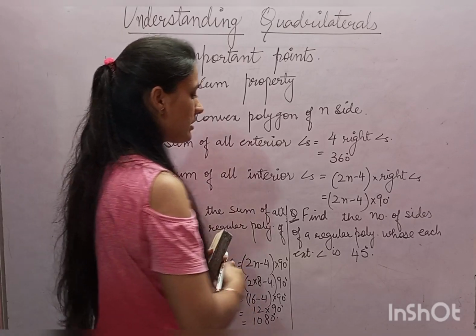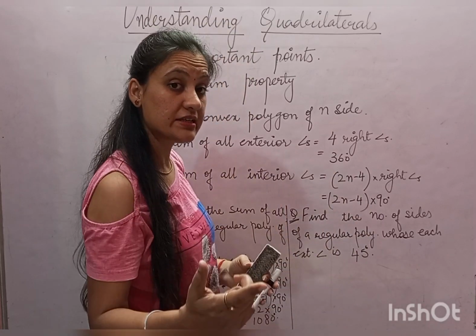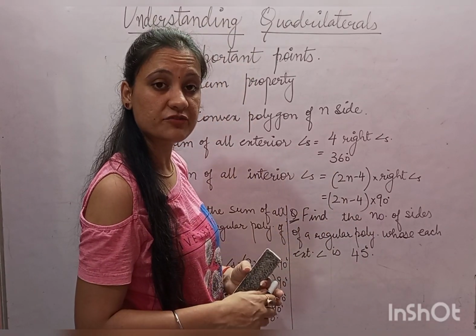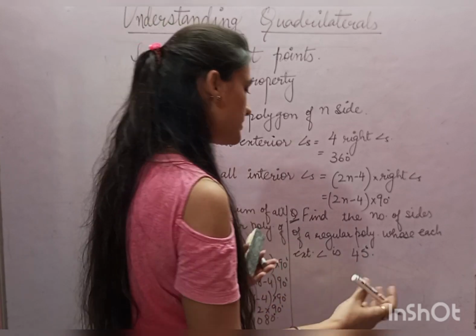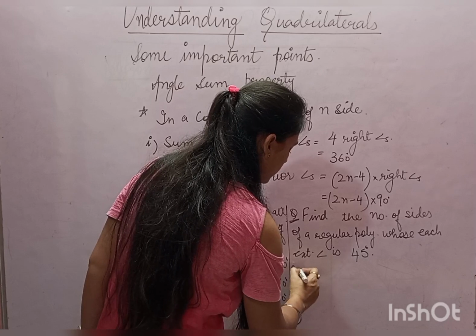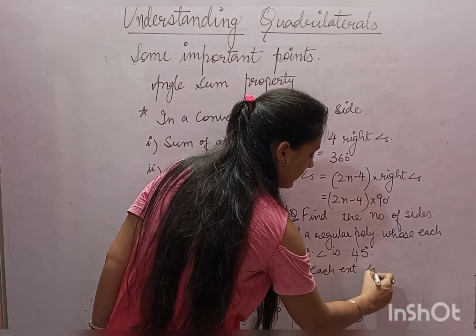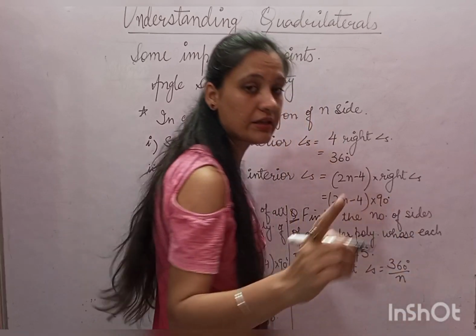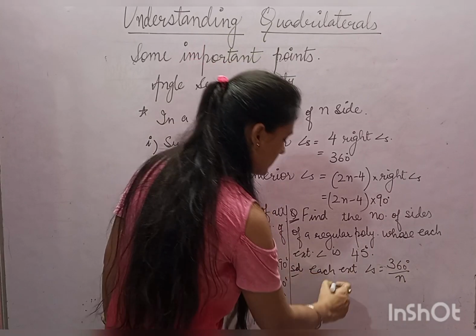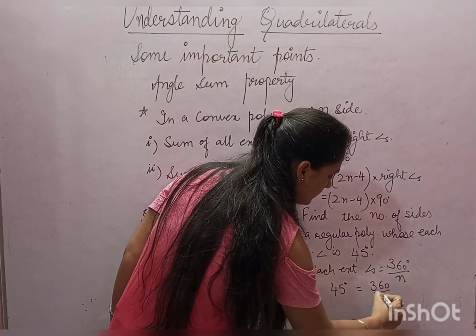Now if the question comes, find the number of sides of a regular polygon whose each exterior angle is given to you and they are asking you to find out the number of sides. Very simple. We know the formula, each exterior angle. What is the formula? That is 360 divided by n, where n is number of sides. Each exterior angle is given 45 degree, that is 360 divided by n.